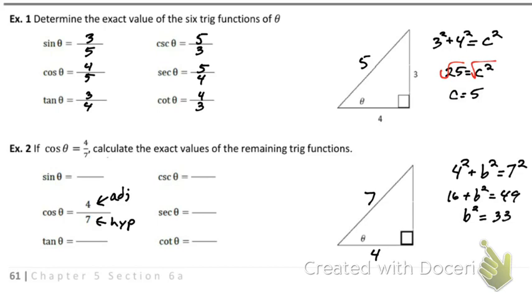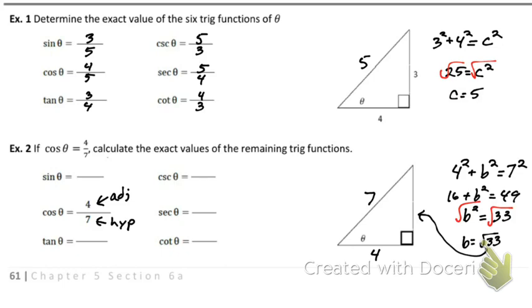Take that square root, and you are going to have b equals the square root of 33. Square roots, you're going to try to simplify as much as possible, but there is no perfect square that goes into 33. 4 doesn't go into it, 16 doesn't go into it, 25 doesn't go into it, so we're just going to leave it as square root of 33.